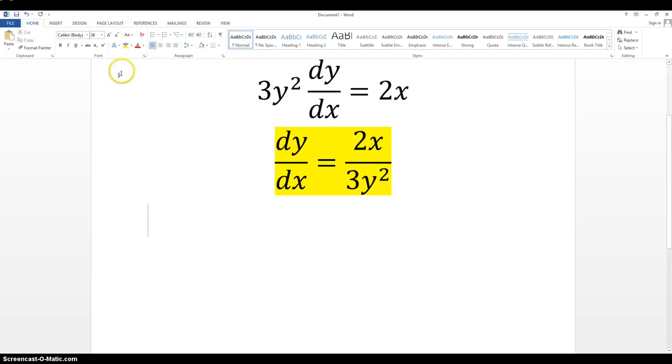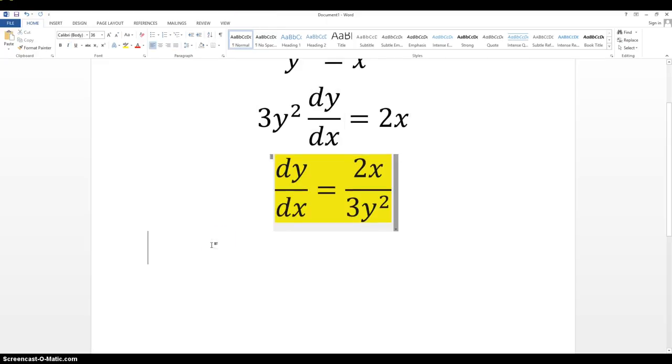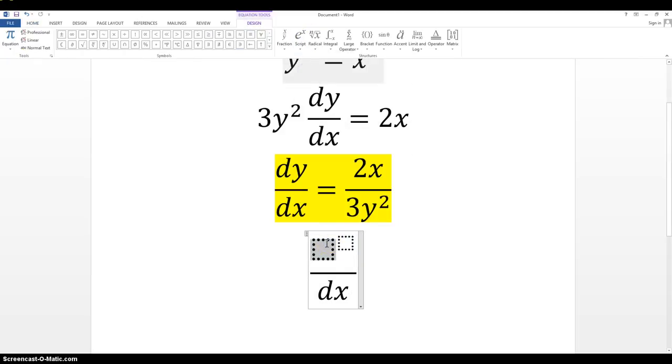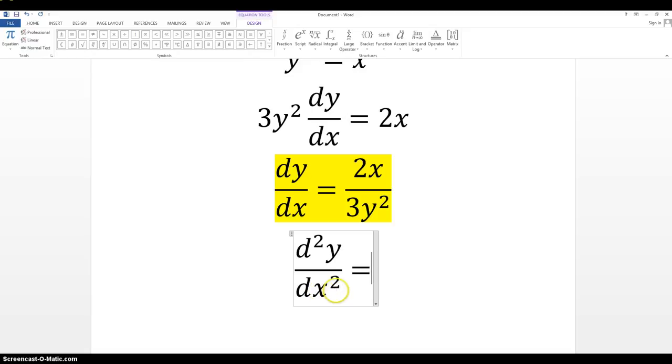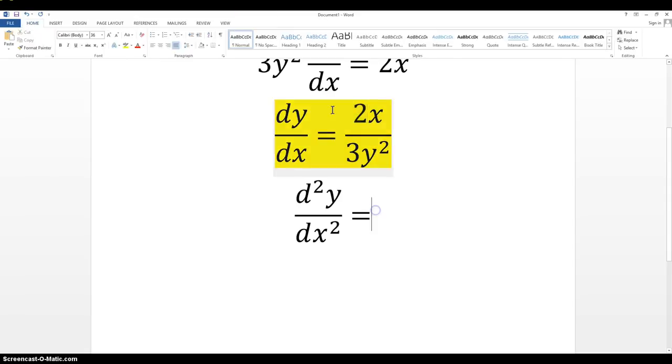So let's go ahead and start off with dy dx, but this time, since we're taking the second one, we can express it as d squared y over dx squared. That denotes that we're taking the second derivative.